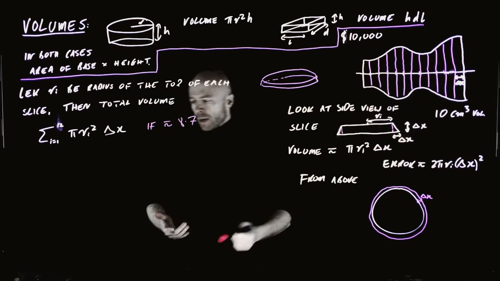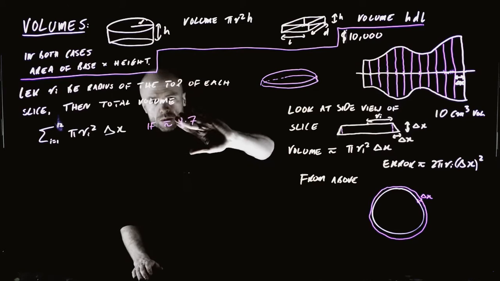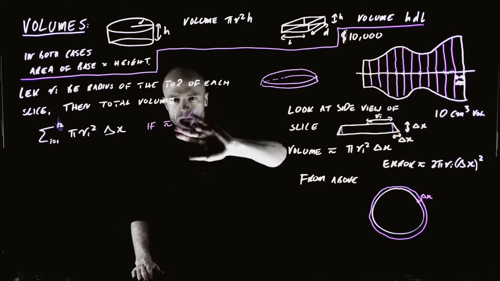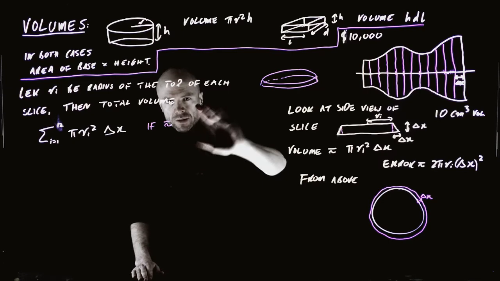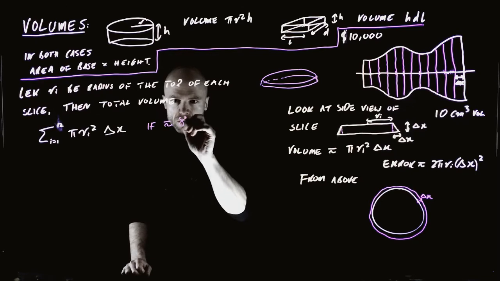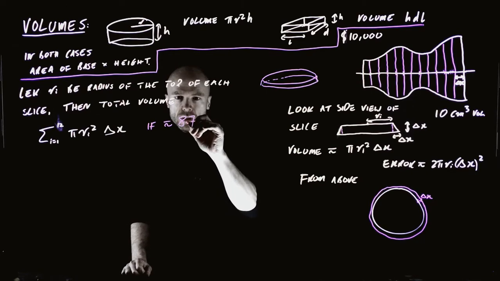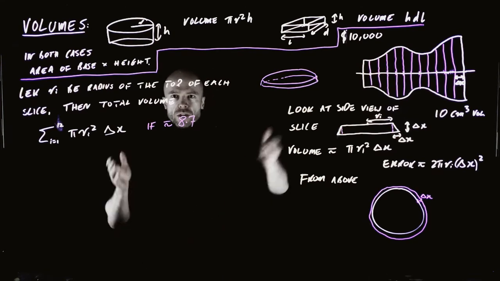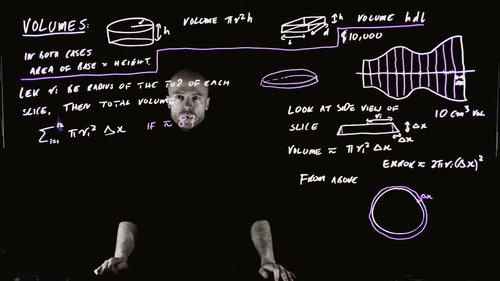So then you're quite unhappy, and you go to the butcher with your 12 slices, and you say, this is no good. I've paid $10,000, I saved up for 6 months for this sausage, and I don't have the full volume that I've paid for. I only have 8.7 or something like that because I cut up into slices and it's a good approximation.